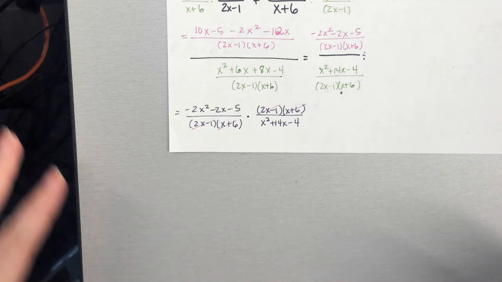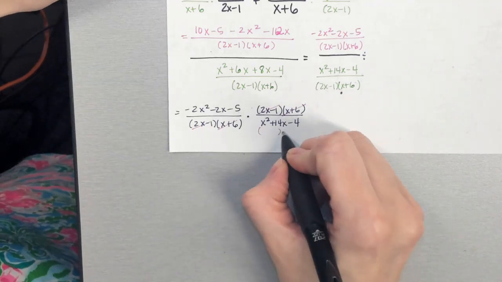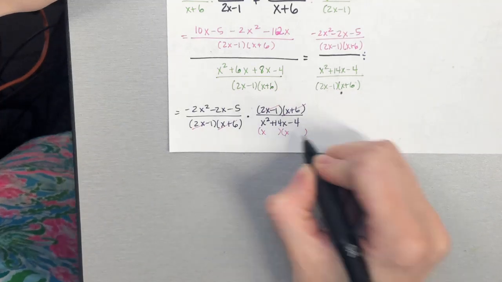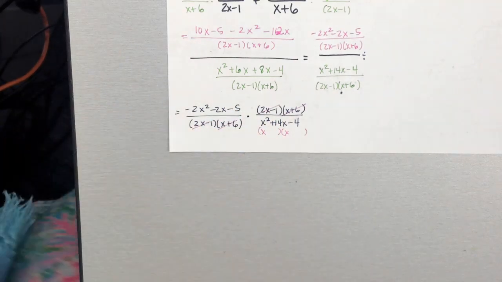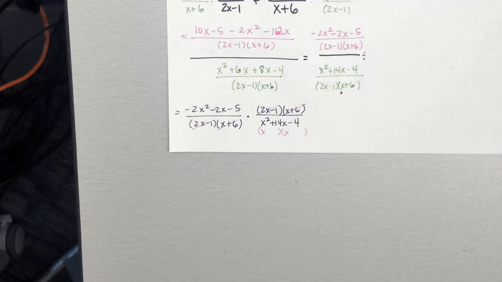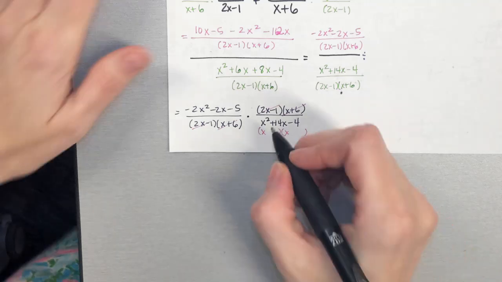And then we're also going to try to factor these if we can. We'll start here. All right, so you're looking for something that multiplies to negative 4 but adds to 14. What are the only things that multiply to negative 4? 1 and 4, and they have to be opposite, and 2 and negative 2. Is there any way you're going to be able to add to 14? No, so it's not factorable.